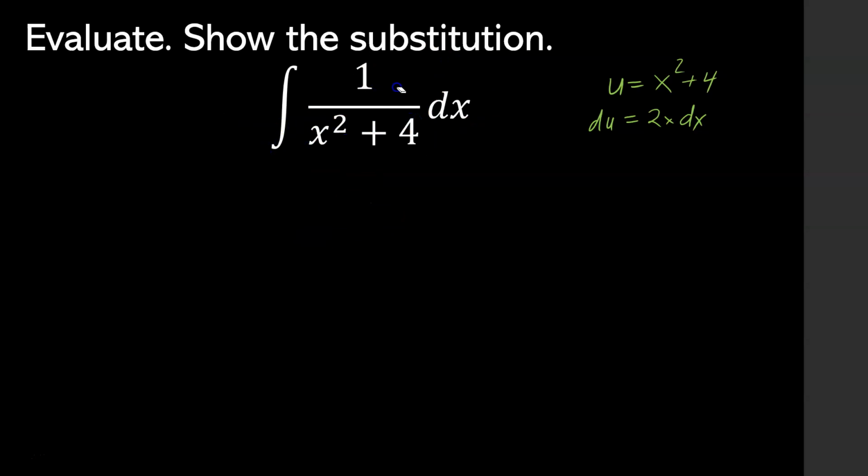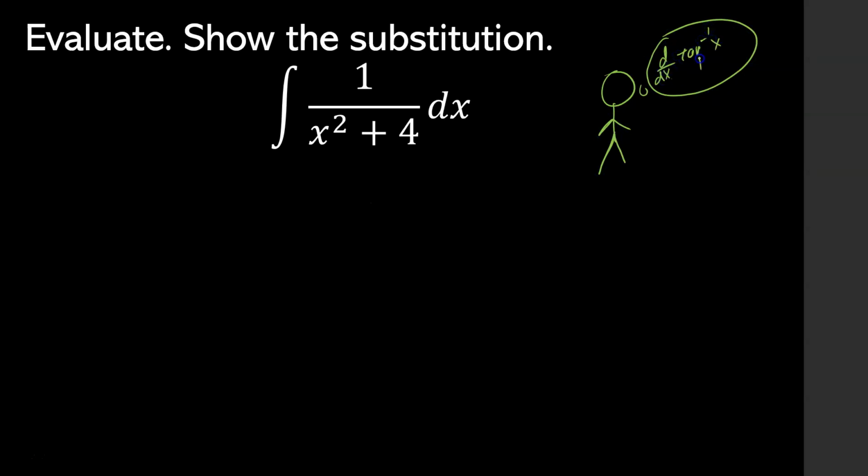All right, well, if that's not the u, well, maybe there was something else. Is this some derivative you know? It actually, hopefully, is. You should be thinking, that's me thinking, the derivative of inverse tangent is 1 over 1 plus the input squared. So we're close to that, except for that little 4.